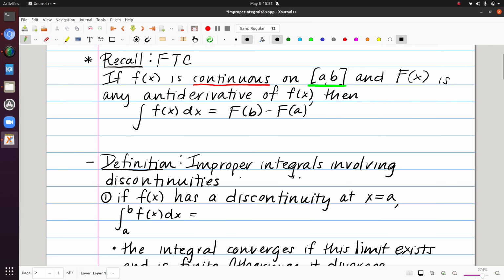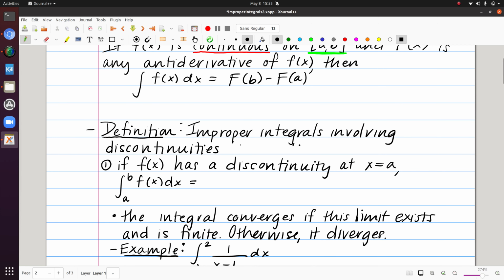So to begin with, suppose the discontinuity occurs exactly at x equals a, so the leftmost point of your interval. So if the only problem is at x equals a, then we're going to treat just that as a limit. So let's write this. I'm going to hold off filling in the limit. We can apply the FTC where the function is continuous.